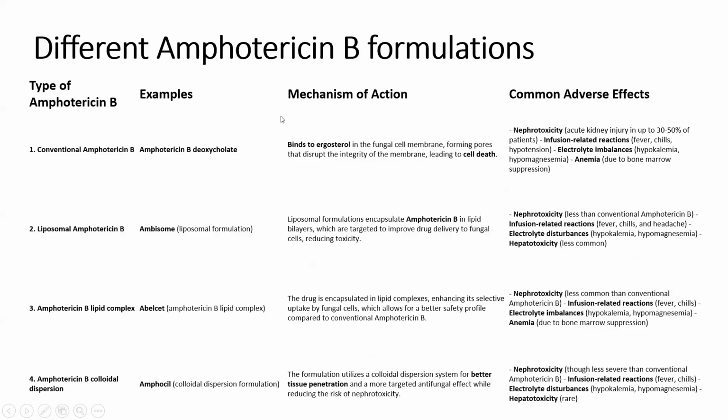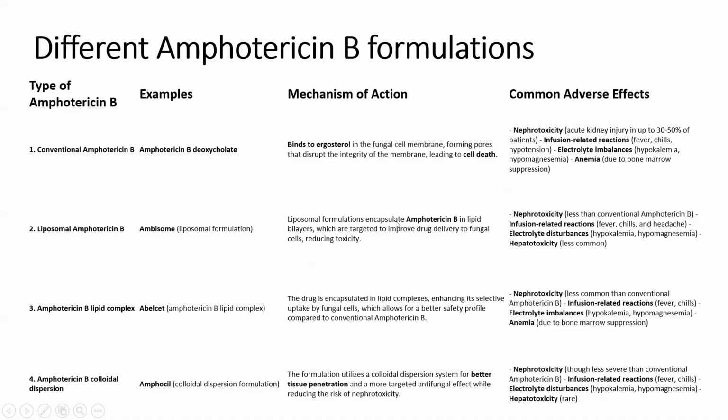A bit about amphotericin B formulations. Types of amphotericin B: conventional, then liposomal, amphotericin B lipid complex and colloidal dispersion. At least conventional amphotericin B and liposomal amphotericin B, if you know, that's enough. Both have similar action: they bind to ergosterol in the fungal cell membrane, forming pores, the same mechanism.